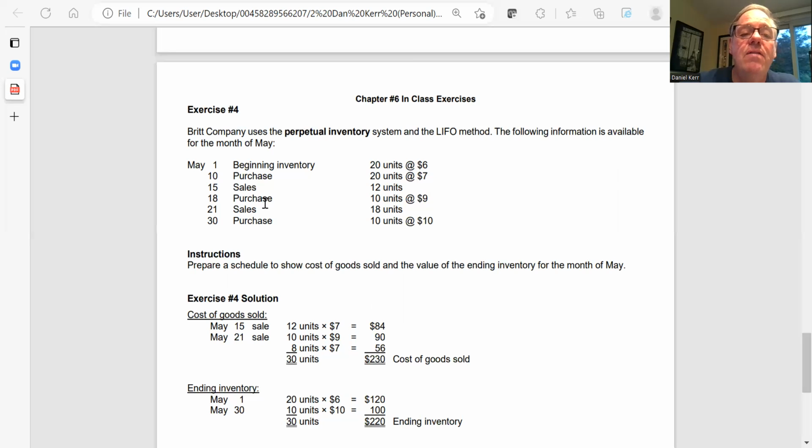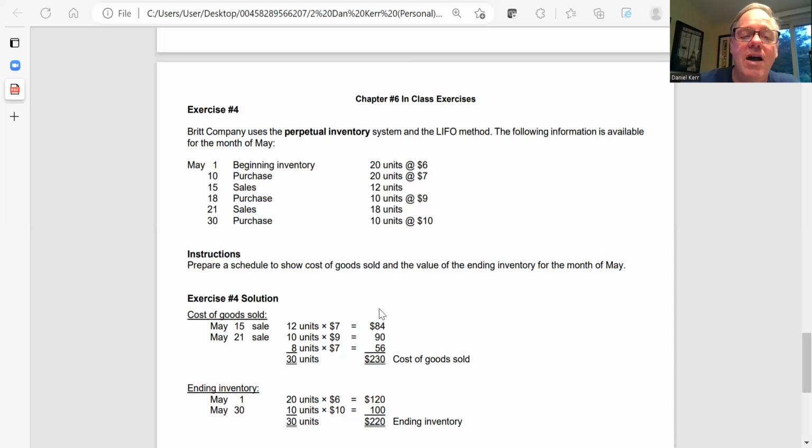Then on May 18th, we had a purchase of 10 units at $9. And now we've got to figure out what is the cost of these 18 units that were sold on May 21st. So remember, we're using last in, first out. So my cost of goods sold is made up of my most recent cost. Well, I don't have 18 units at a particular amount.